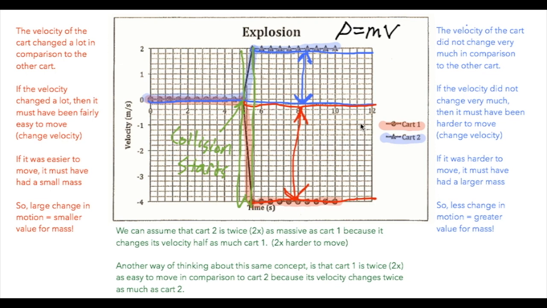I did just realize I forgot: after the collision, the velocity of cart 1 does what? Well, cart 1 is this guy down here. This is the last question on that page. I kind of alluded to it before. It actually increases. A lot of people want to say it decreases.